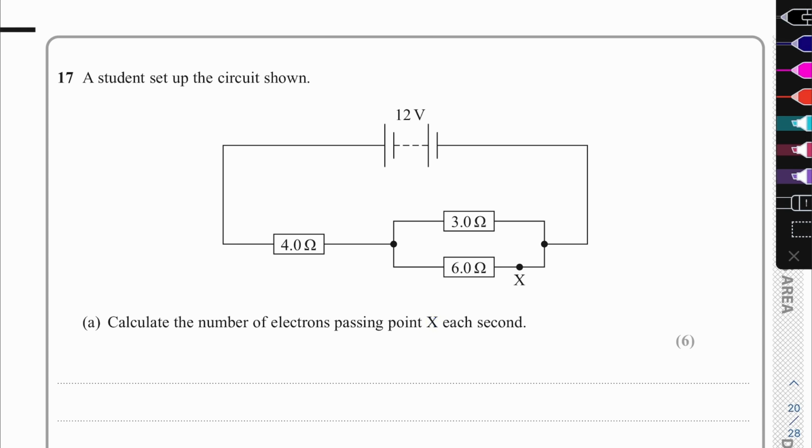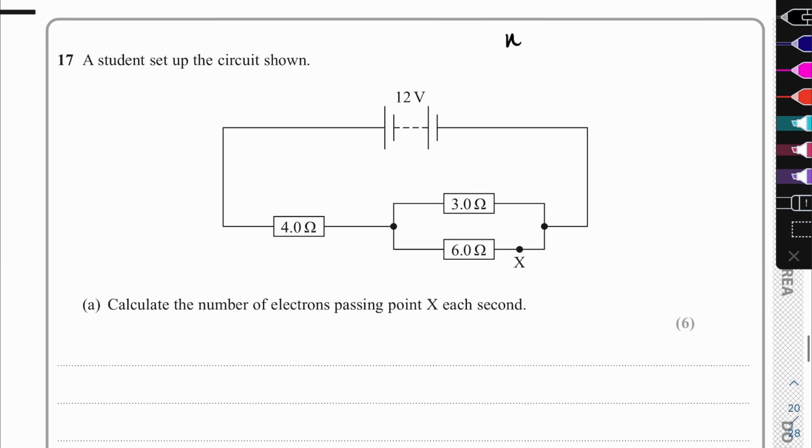They're asking for the number of electrons. Do we know the number of electrons? We don't. Let's see if we can find this out, right? Is there something we can do here? Do we know anything? All we know is V. We know R. This is also R, and this is also another R, right?